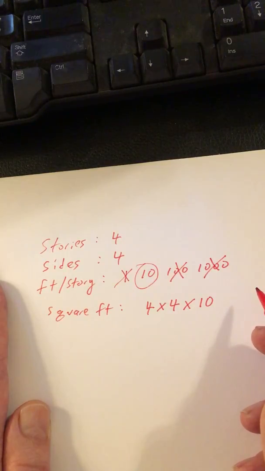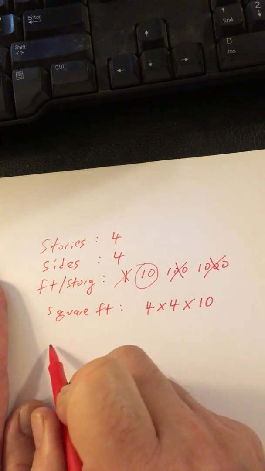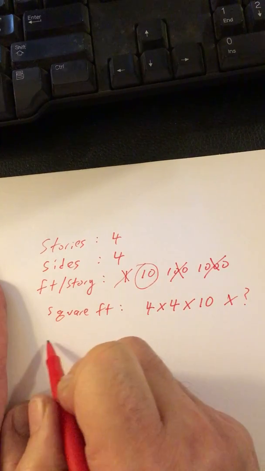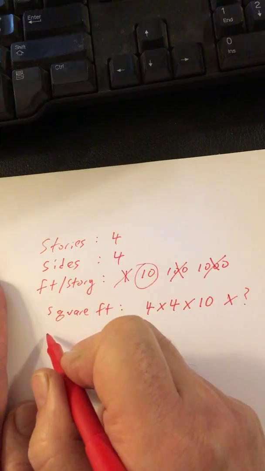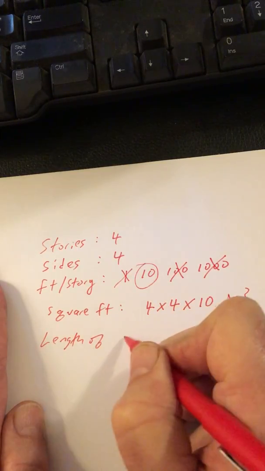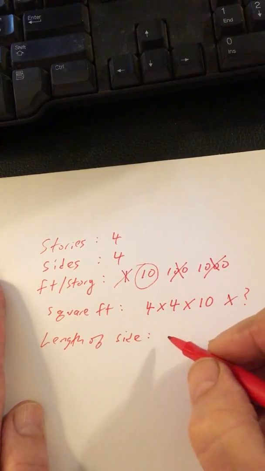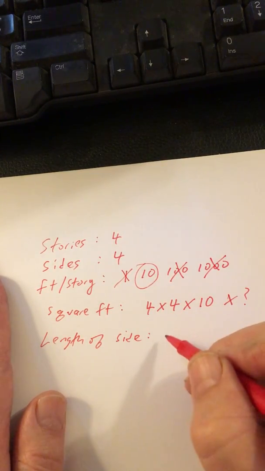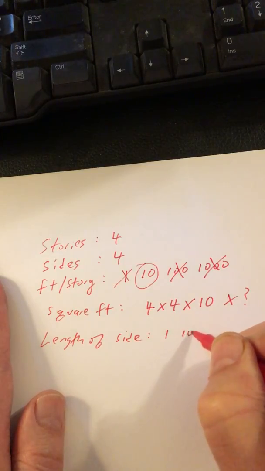Again, we're going to use a power of 10 estimate here, so I'll just put a question mark in for that last dimension that we need. So what we need is the length of a side, and of course we could get blueprints, or we could use some sort of aerial view and extract that, if we needed exact numbers. But for just the process of estimation, once again we're going to use powers of 10.